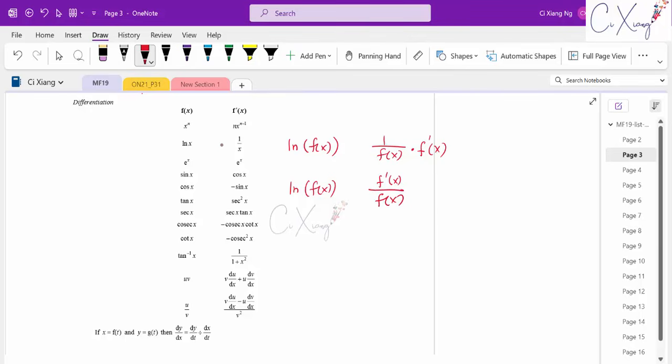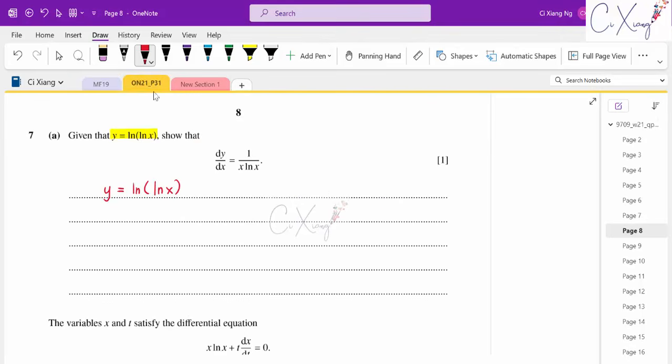In my opinion, this formula is a bit too simple, and it cannot fully show you the detailed steps for differentiation. They just show us the basic formula, but by right, you should know the details of the differentiation inside. Right, so for this one, let's say I have y equals ln f(x).